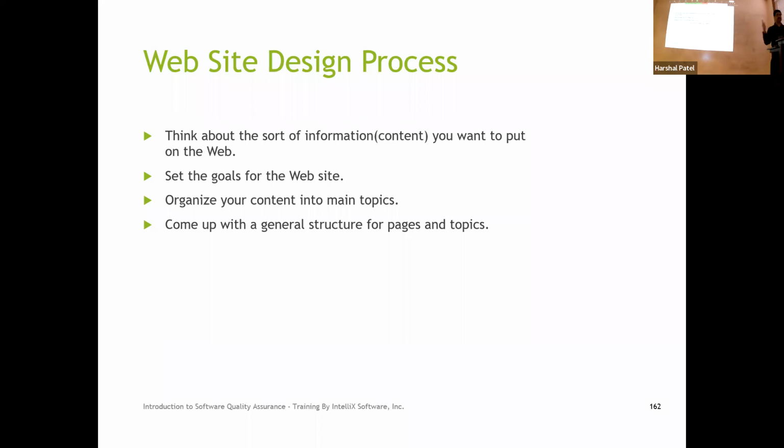I want to keep that segregated from one customer to another customer. So you need to first understand what kind of information you want your website to present. Then based on that, you build what is known as an information architecture, which talks about what the goals are and how I'm going to lay out the information. And then based on that, you come up with the structure of your pages.